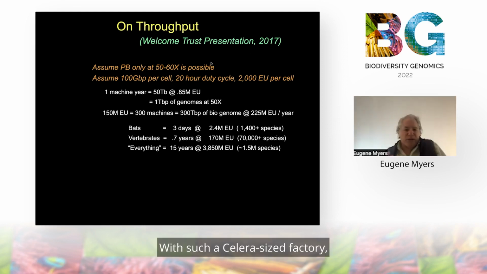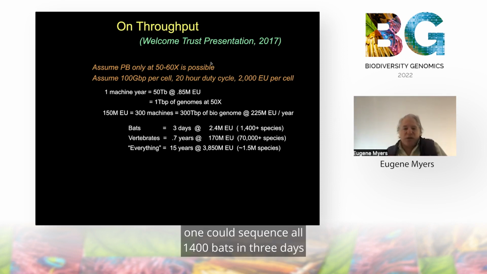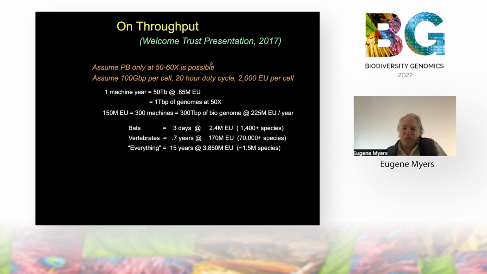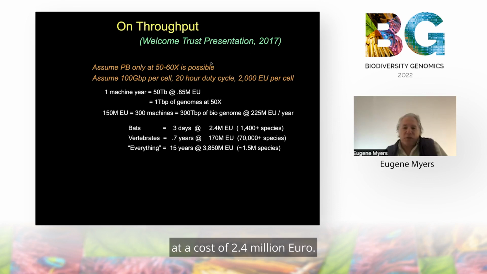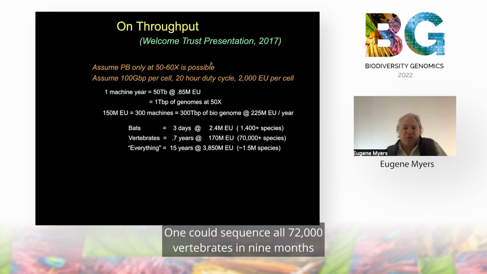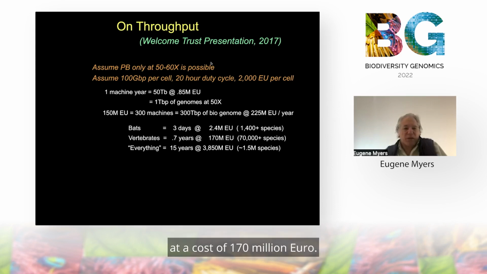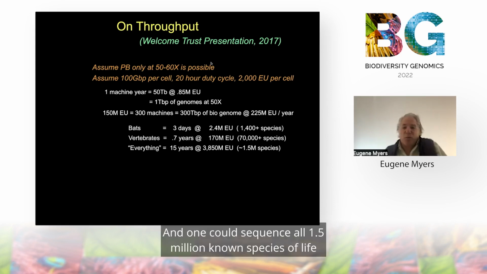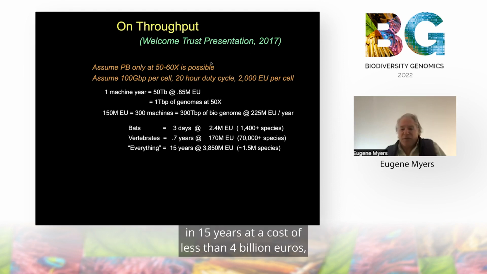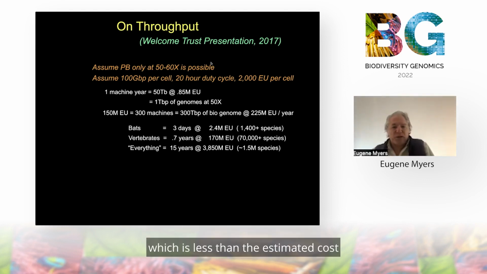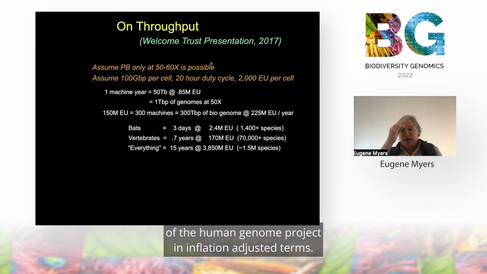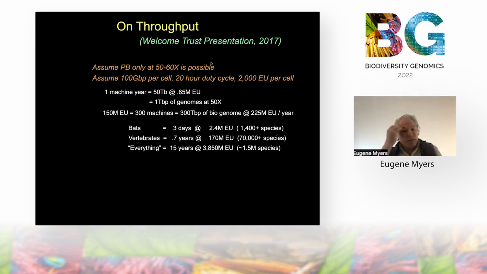With such a Celera-sized factory, one could sequence all 1,400 bats in 3 days at a cost of 2.4 million euro. One could sequence all 72,000 vertebrates in 9 months at a cost of 170 million euro. And one could sequence all 1.5 million known species of life in 15 years at a cost of less than 4 billion euros, which is less than the estimated cost of the Human Genome Project in inflation-adjusted terms.